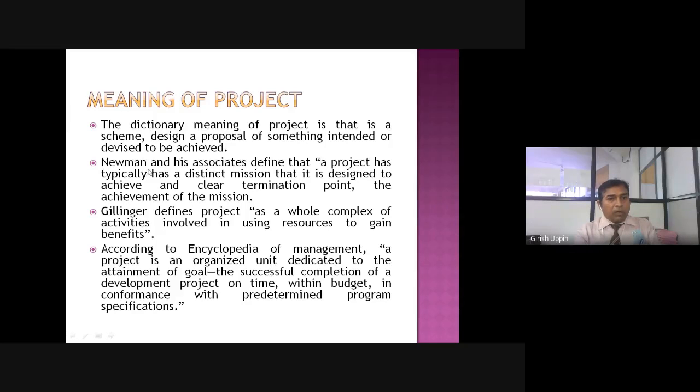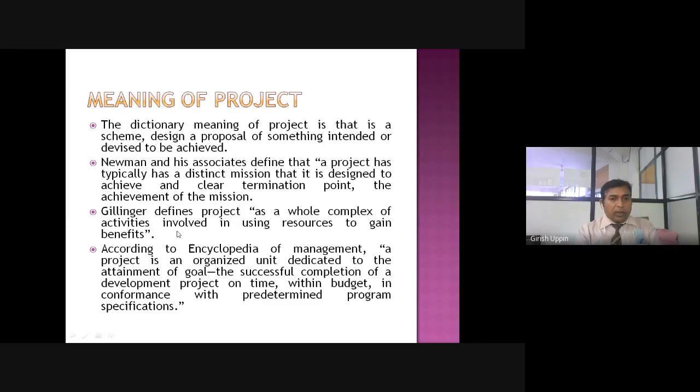So according to Newman, a project has a distinct mission that it is designed to achieve, with a clear termination point, which means a clear end. Whatever the mission, there is a design to achieve it with a clear ending, and achieving that mission itself is called a project.